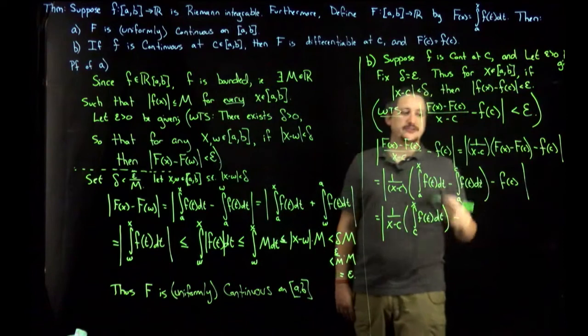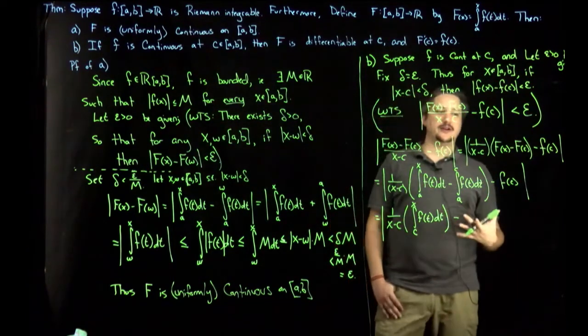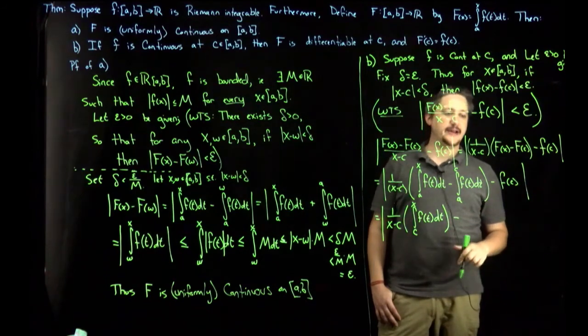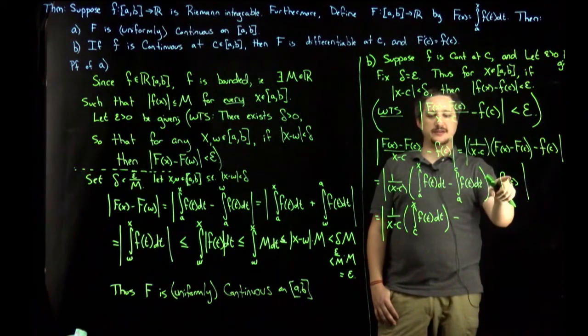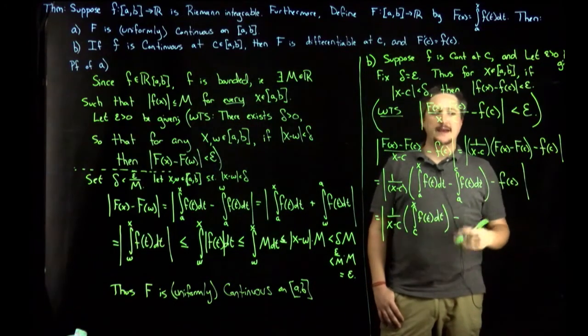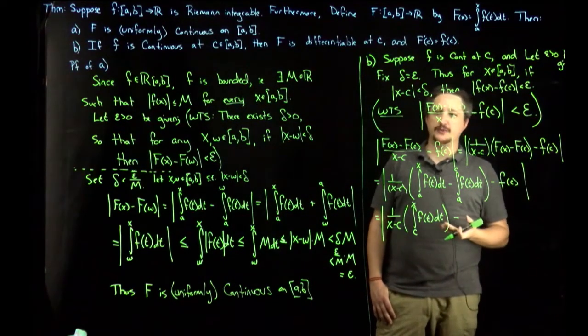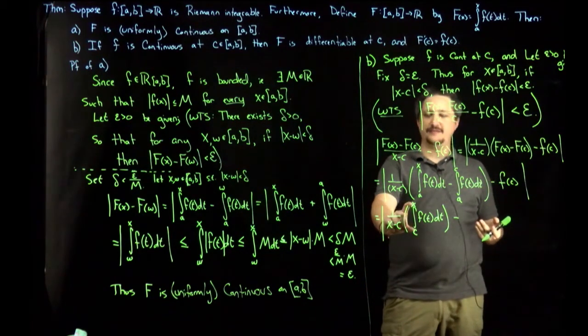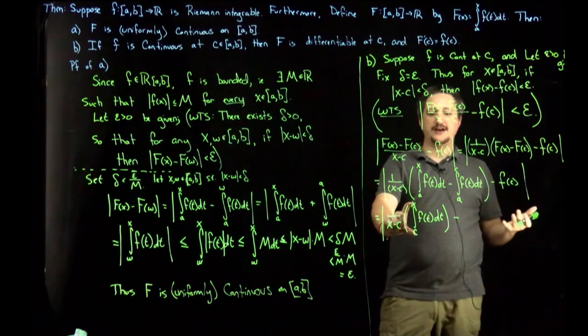minus. Now there's a really nice standard trick you can use that is used a lot in this kind of theory, which is that we have a constant here, this f of c, but it'd be nice to be able to write it as an integral. You can do that by offsetting the result, because remember, if I took an integral of a constant, it's the length of that interval times that constant.